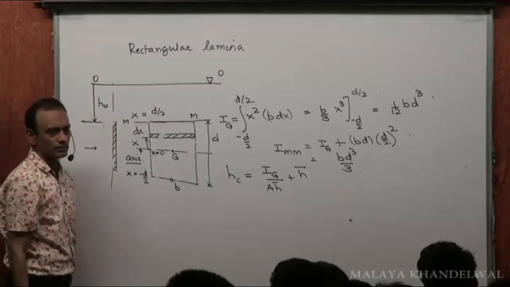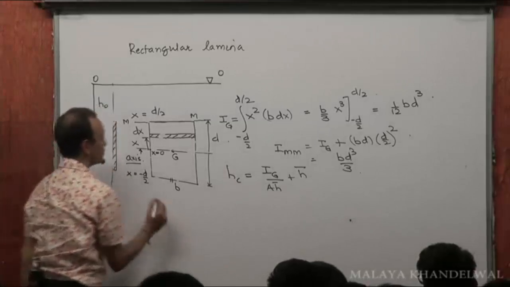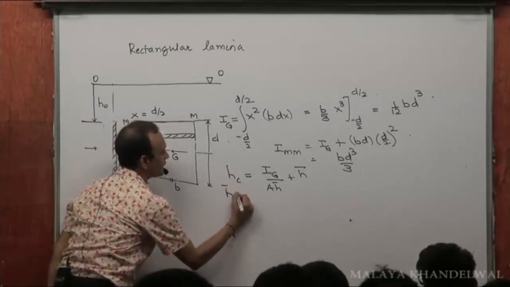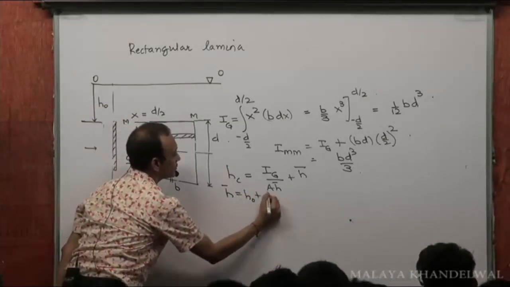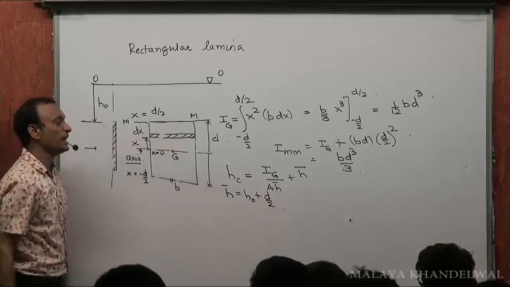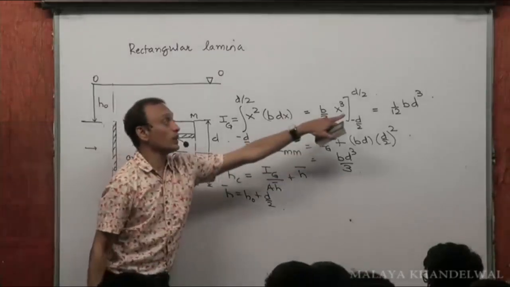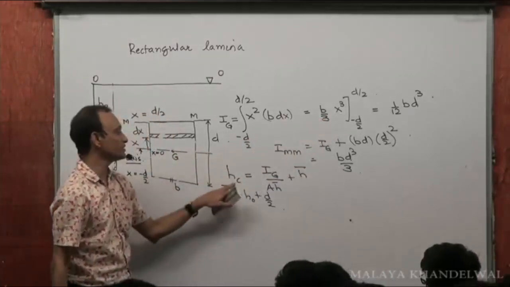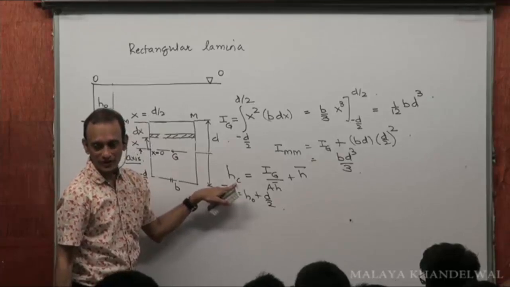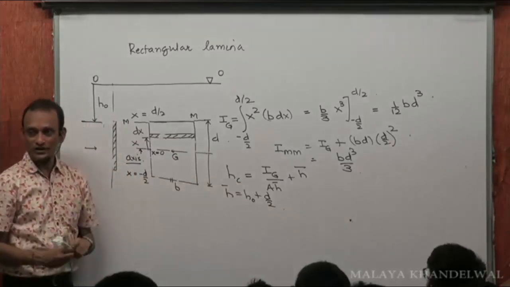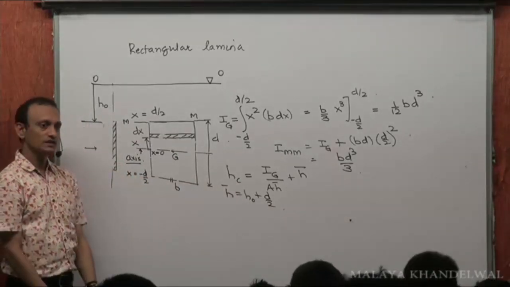What would be h bar? h naught plus d by 2. Area we know is b into d. IG is 1/12 bd cube. So you can compute the depth of the center of pressure for this. Yes or no?